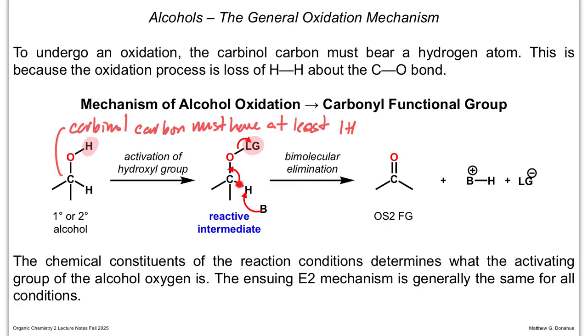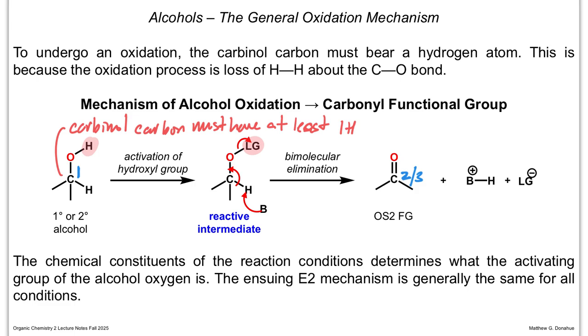The electrons in that CH bond collapse to form a pi bond, so a carbonyl, and then the leaving group will leave. So overall, we're starting with oxidation state 1, shown in blue, and then we can end up with 2 or 3, depending on the conditions used.